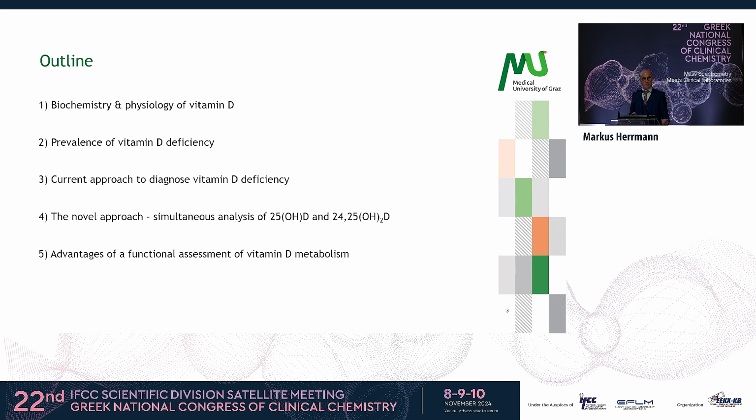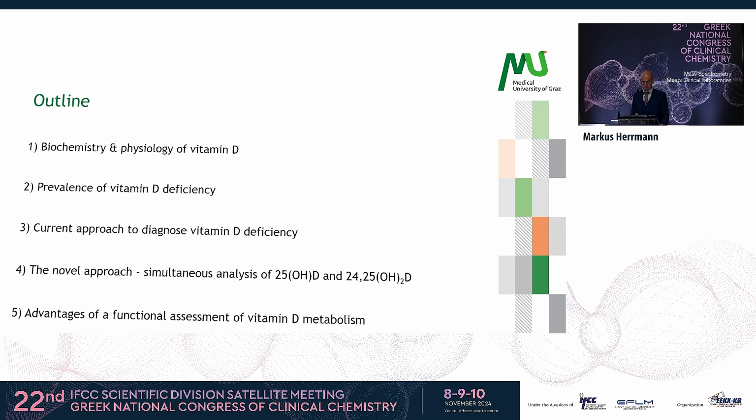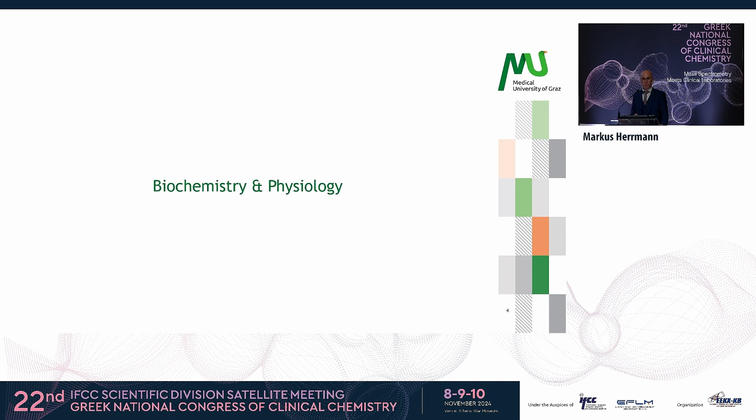Then I will recapitulate with you the current approach to diagnose vitamin D deficiency and explain the limitations. And then in the second part, I will introduce you to our novel metabolic approach, and I'll highlight the advantages of this approach. But let me start with some words about the biochemistry and physiology of vitamin D.